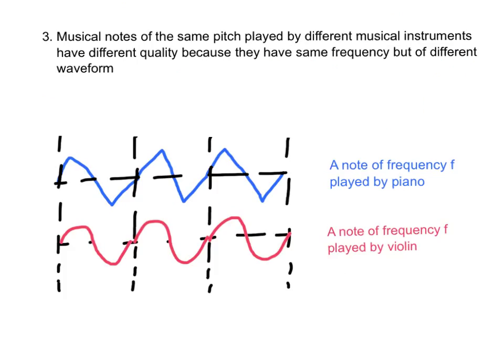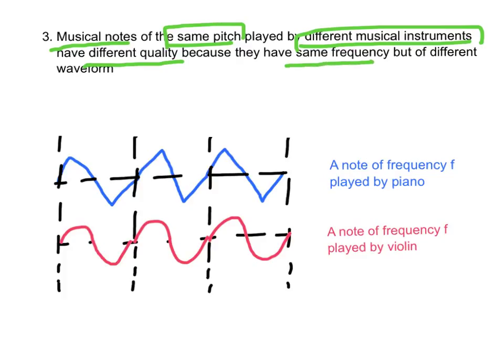Notice that musical notes of the same pitch played by different musical instruments have different qualities, because they have the same frequency but different waveforms. Consider a note of frequency f played by a piano and the same note of frequency f played by another instrument, for example a violin.